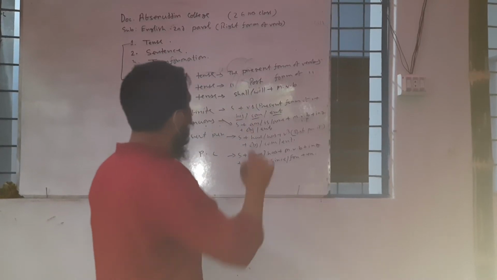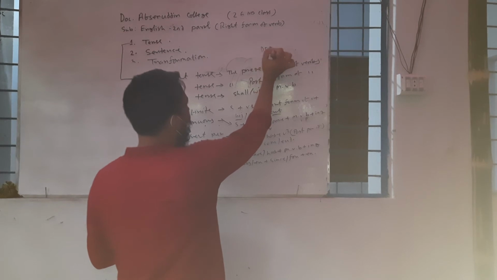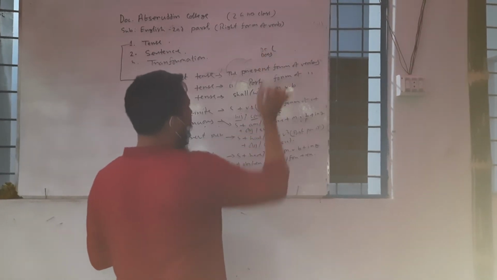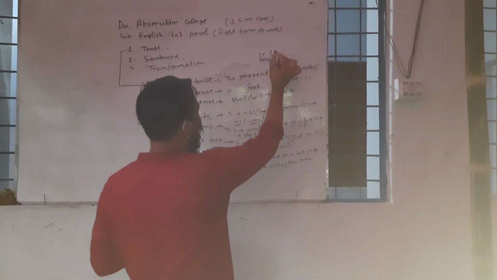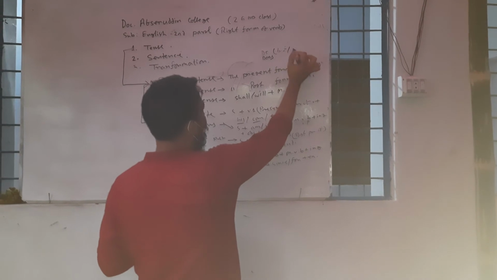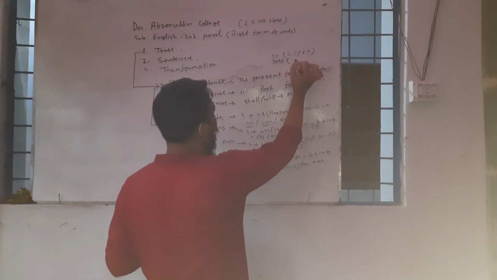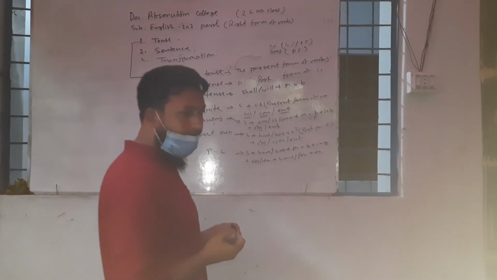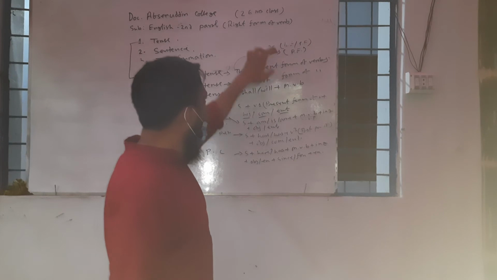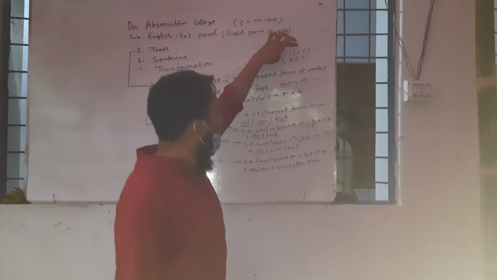We would like to teach you like that: do and does. Do is the base form of verb, and also the present form. And does is only the present form, not the base form. Why? Because do is both base form and present form.